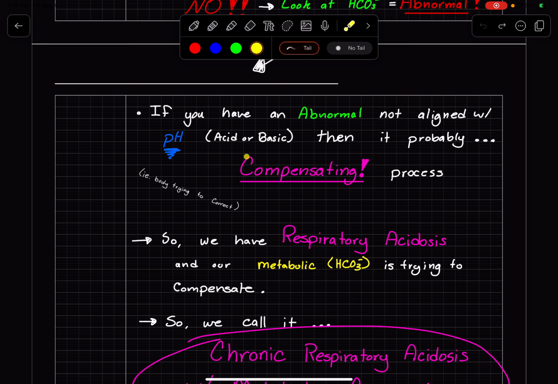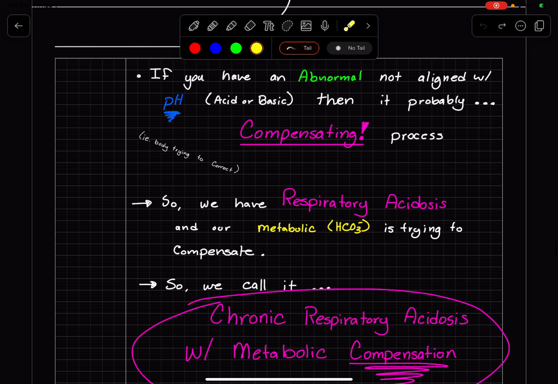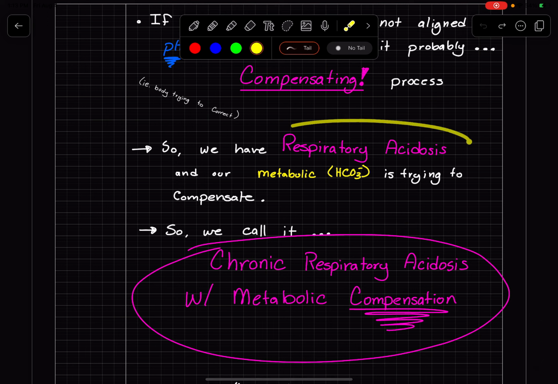Okay, compensating is usually your body trying, again, to correct that issue. So we have a respiratory acidosis because that was our CO2 and our pH. And we also have a metabolic process that is trying to compensate.